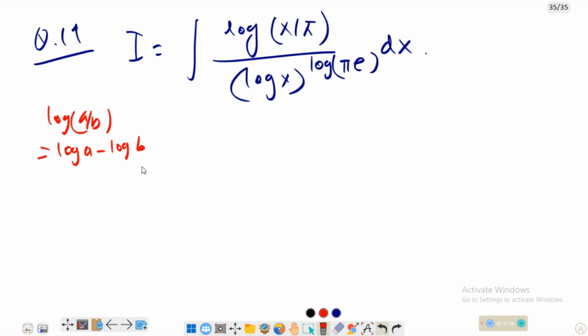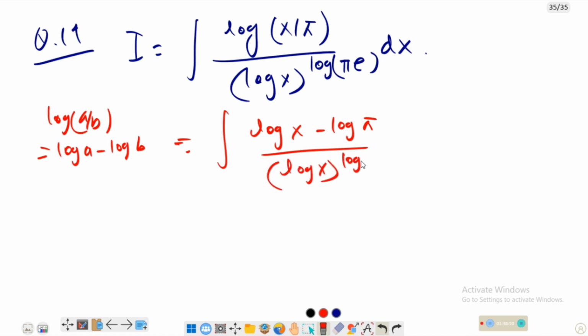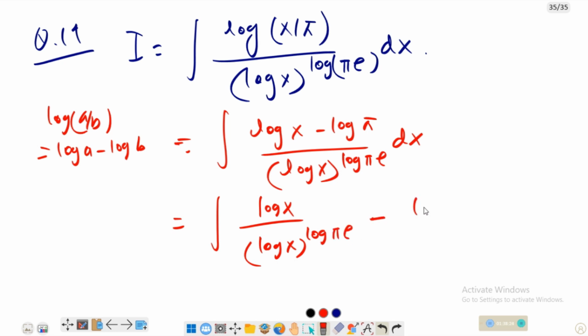Okay, so this is equal to basically log x minus log pi upon log x to the power log pi e dx. Okay, and this is equal to log x upon log x to the power log pi e minus log pi upon log x to the power log pi e.